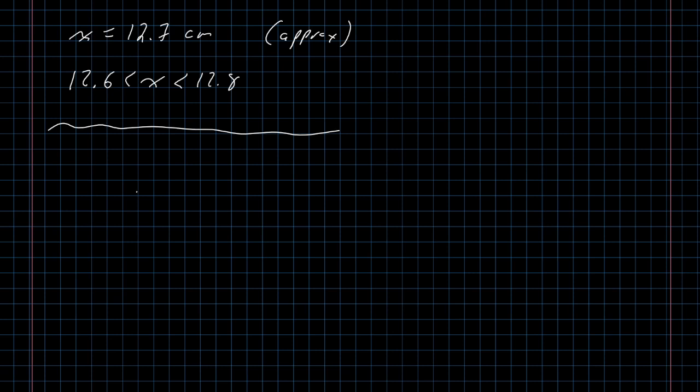So maybe it turns out that x is somewhere between 12.685 and 12.690. That's a different level of precision than the significant digits approximation can give us.